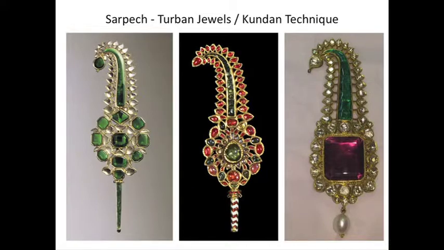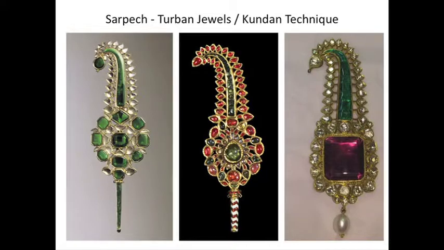I want to sort of direct your attention to the diamonds that are around the central ruby of the right-hand image. Notice how those are all faceted, little tiny facets to those diamonds. That's a very European way of preparing the diamond. In the Mughal period, they preferred what was called table cut gems. So they were flat.